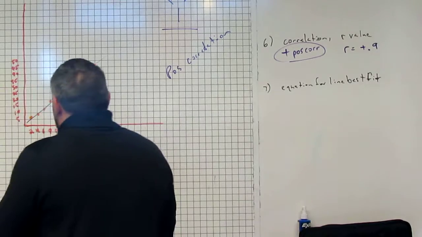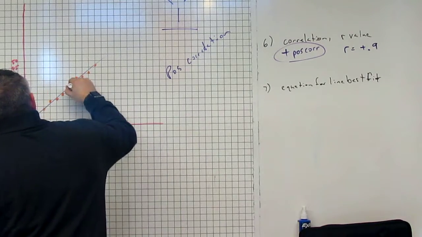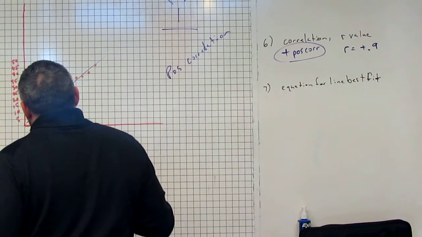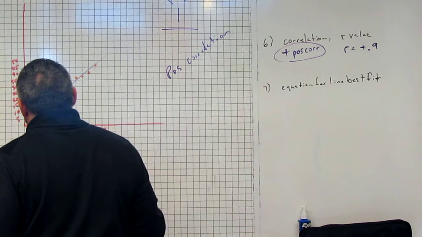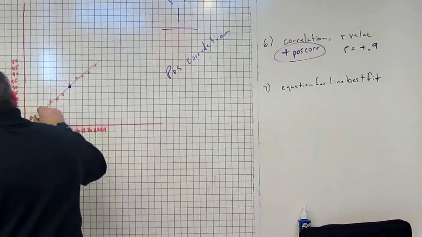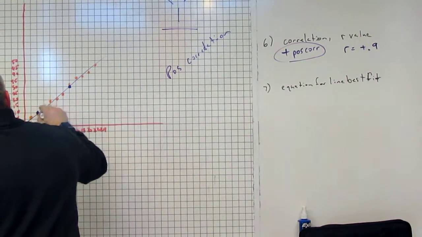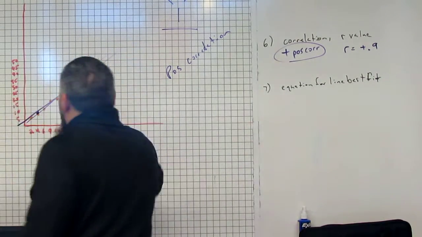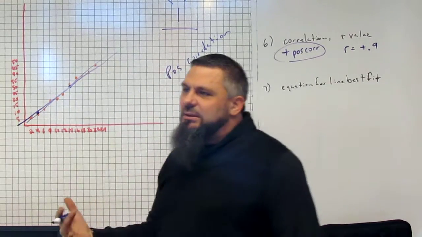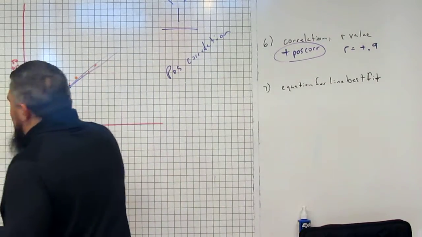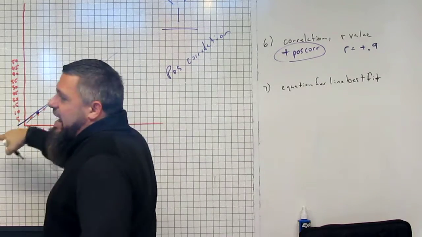So what I'm seeing now, I see that this goes through this point right here. And I don't see it go through another point really. So I see it almost go through this point, right? So then I can draw this line, and I go, okay, that's a pretty good line of best fit. And what I'm saying is it still cuts the values in half.